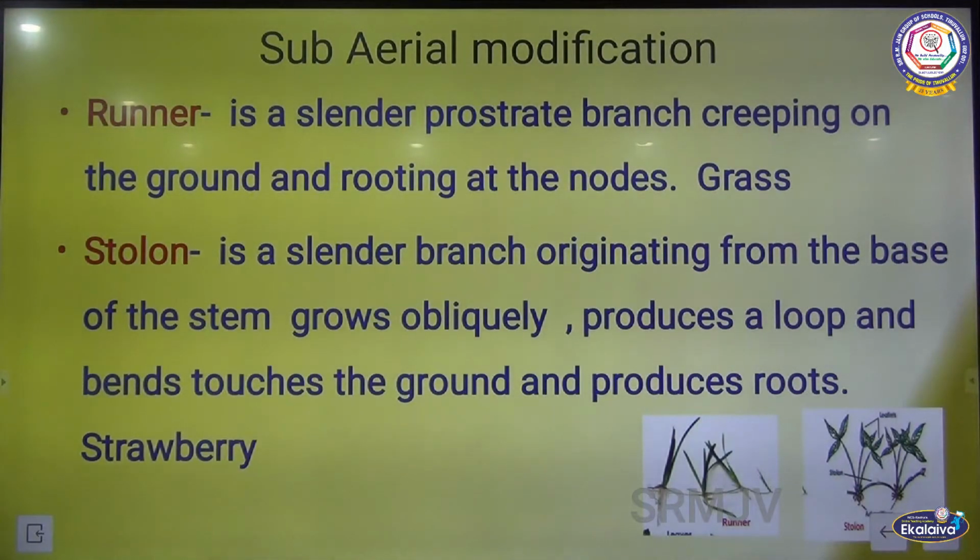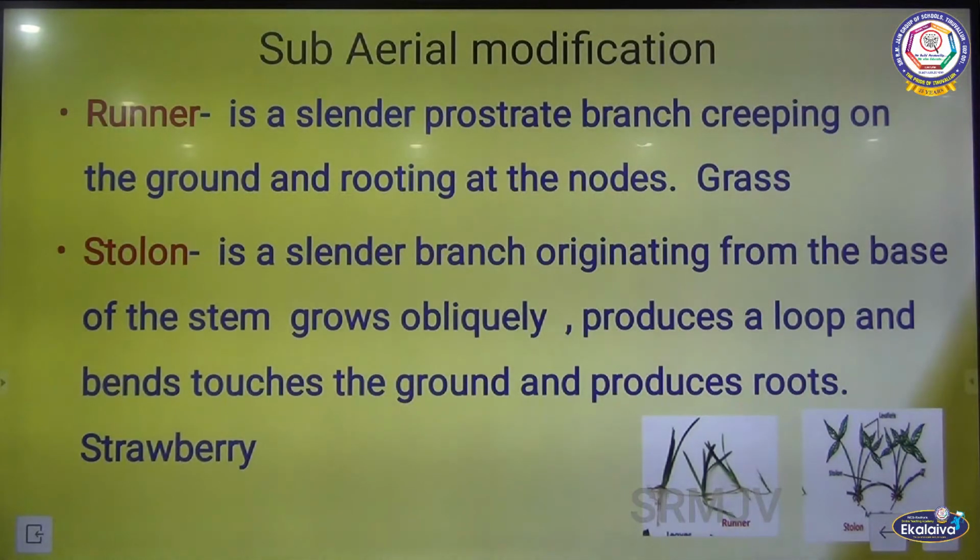And stolon is a slender branch which originates from the base of the stem, which grows obliquely. It produces a loop which you can see in the picture, and it bends, touches the ground and produces roots. Example, strawberry.